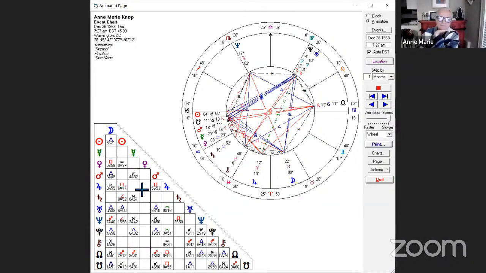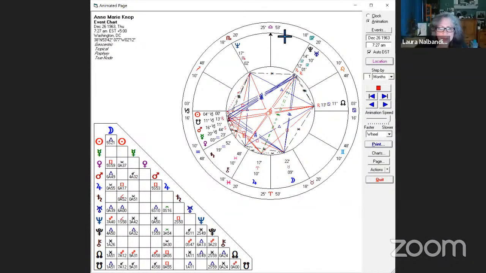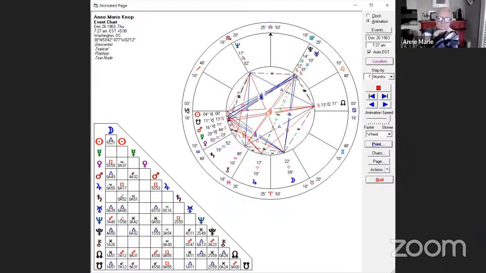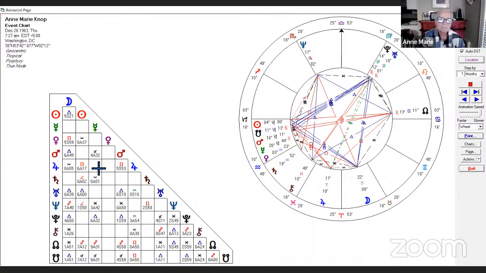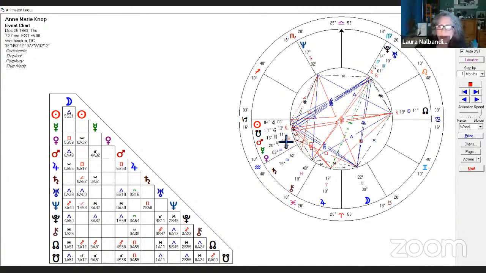So for instance, you will see on this grid right here, can you see it? A Mars Mercury conjunction is in this square right here. Do you see it? Yes. That little A says it's applying, which means it's going back toward the Mars.